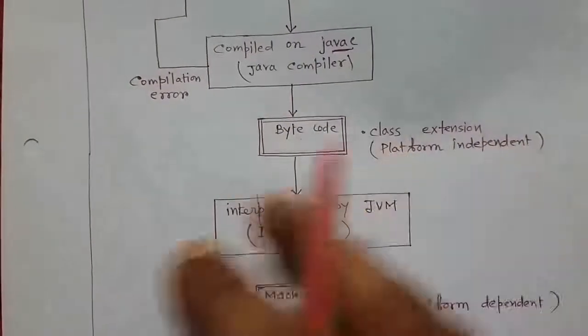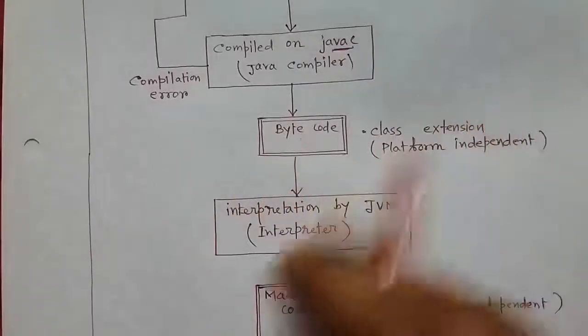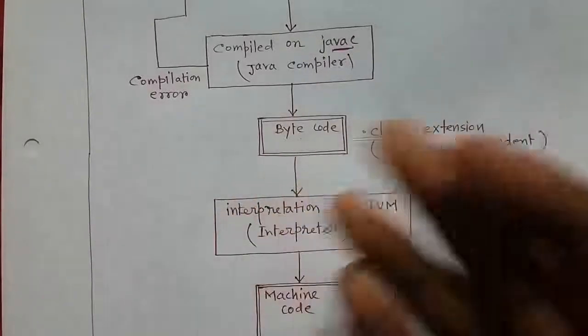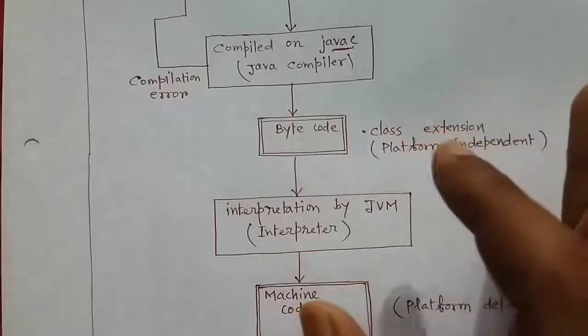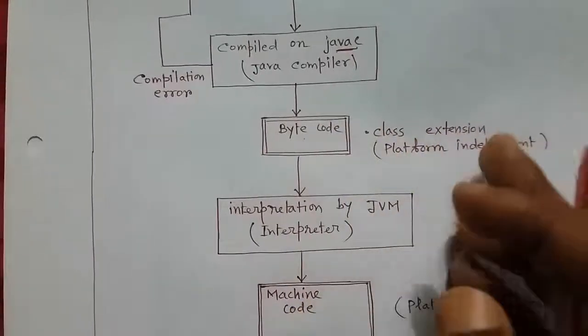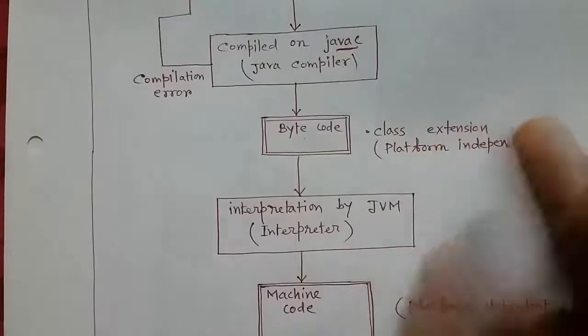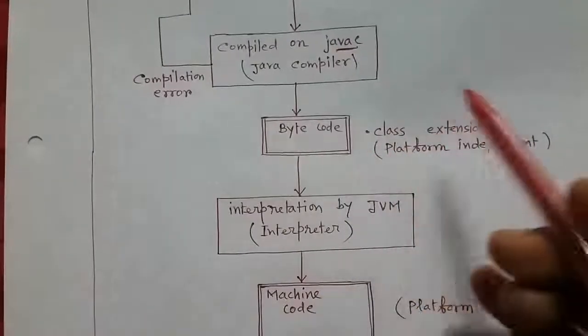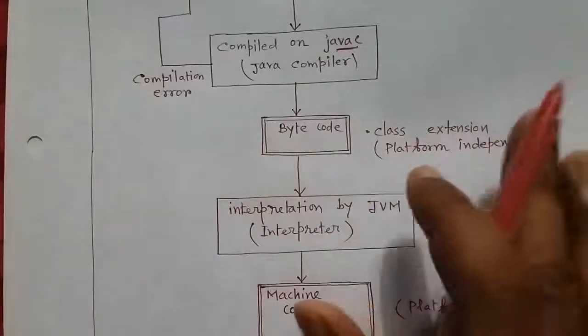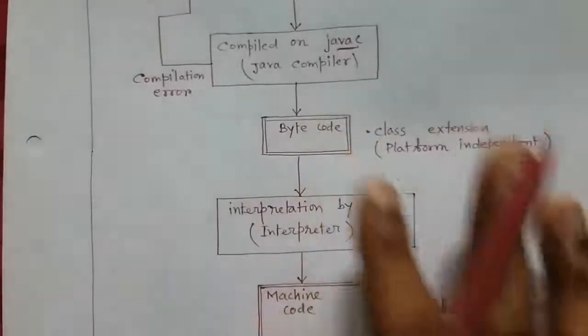It can run on any platform, that means on any machine having different types of operating system, like a machine that runs with Windows, a machine that runs on Linux. So in every operating system this bytecode can run.